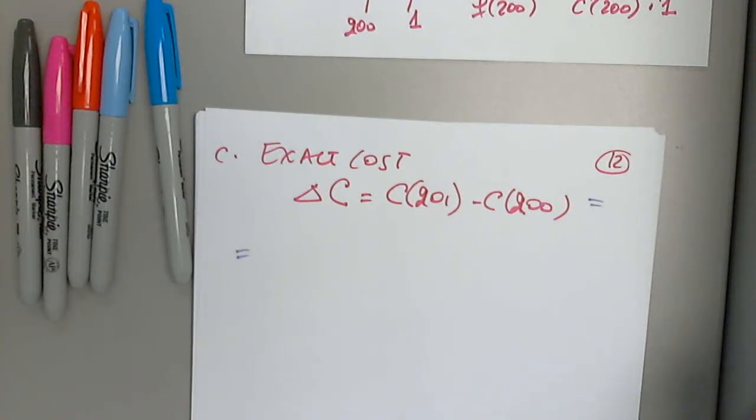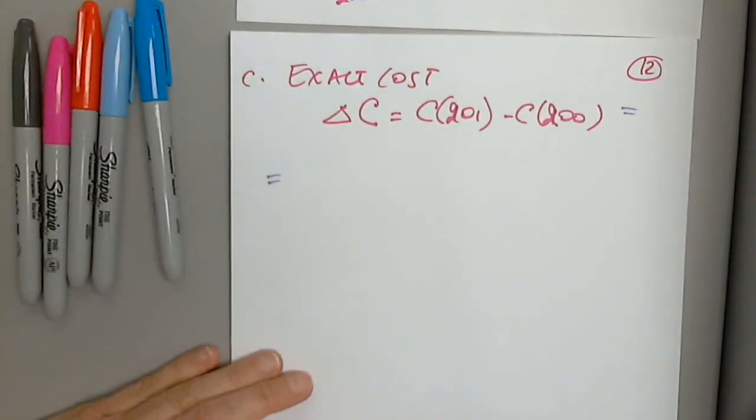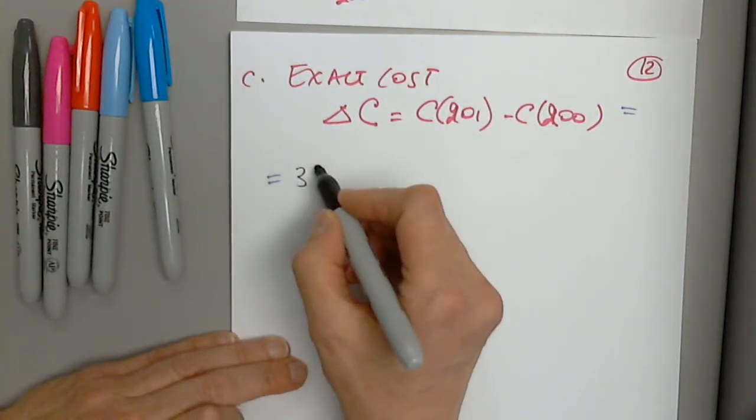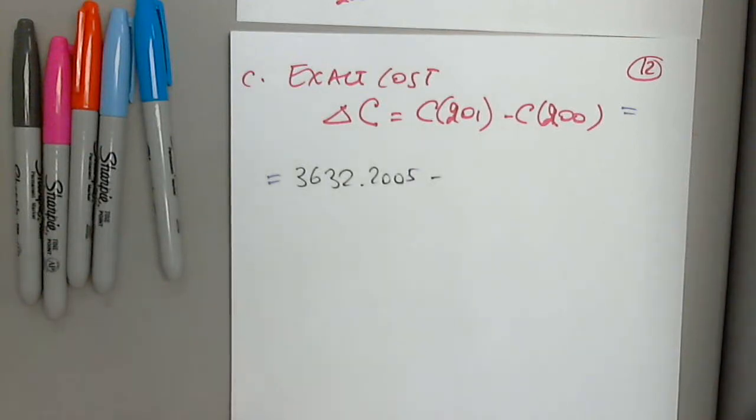I really wanted to put 100 one more time to see if you say anything, but I said I'm not going to torture them. It's enough. Okay, so always go and highlight it because some decimals may be hidden in there, and they are. So 3632.2005 minus the other one, which is clean, 3600.